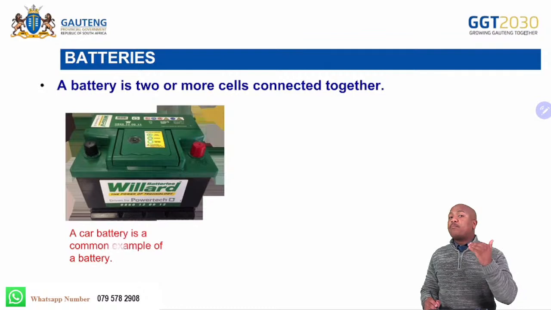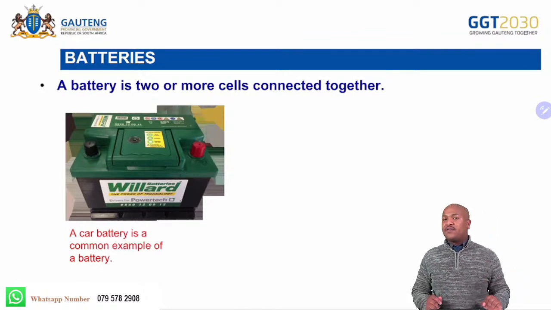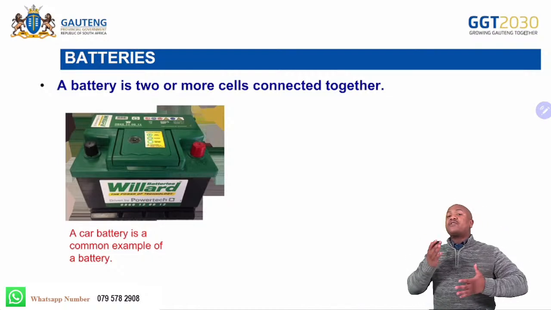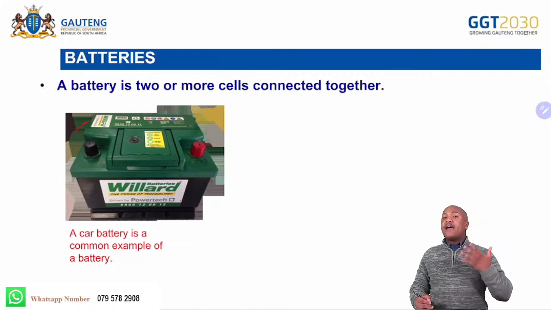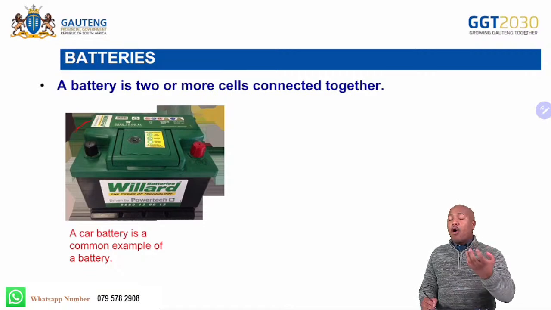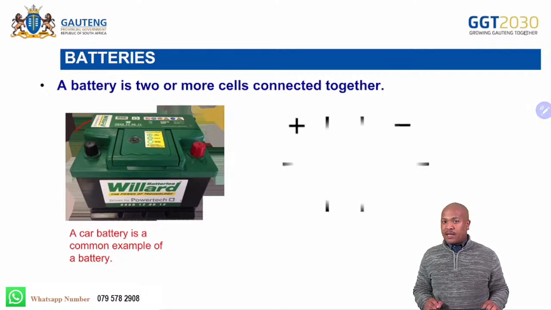A car battery, right? Yes, you see a positive terminal and a negative terminal, right? But inside that battery, there are a lot of cells connected together to bring about this special battery, right? That produces more power, that contains more potential energy to give off more kinetic energy as well, right?